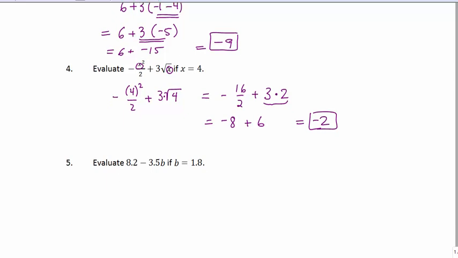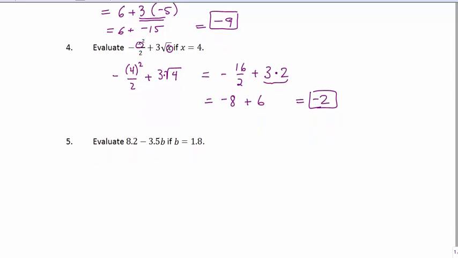Okay, the last one here involves some decimals, but it's the exact same idea. 1.8 goes in here. This is 8.2 minus 3.5 times 1.8. If you're doing this by hand, you want to do the 3.5 times 1.8 first.